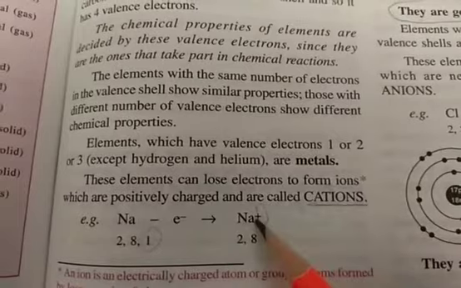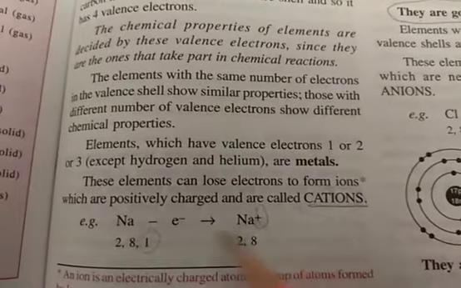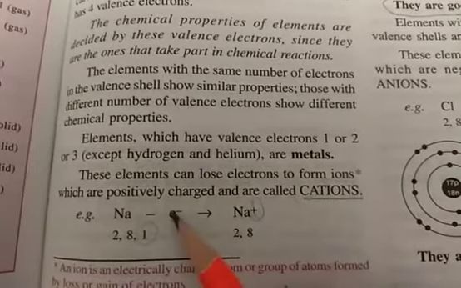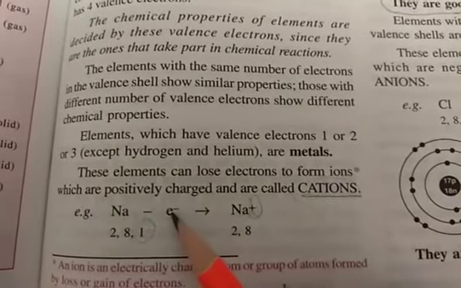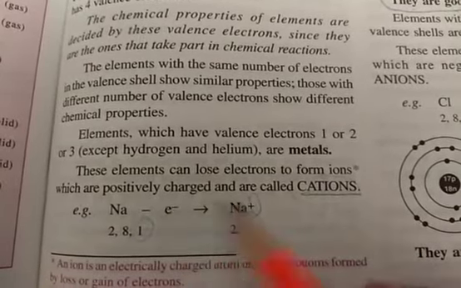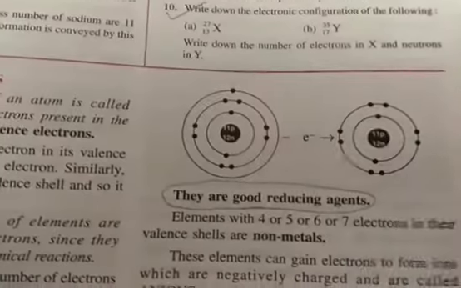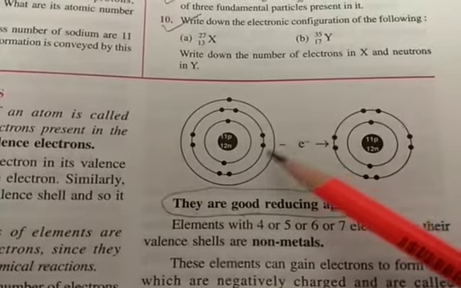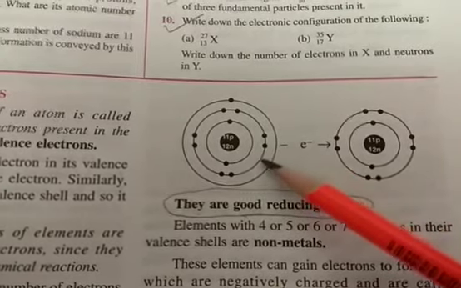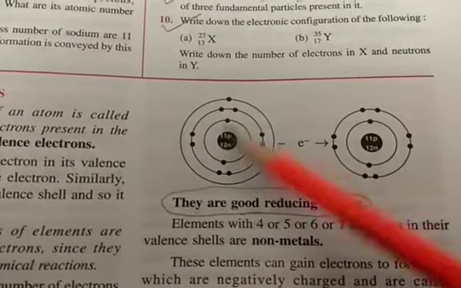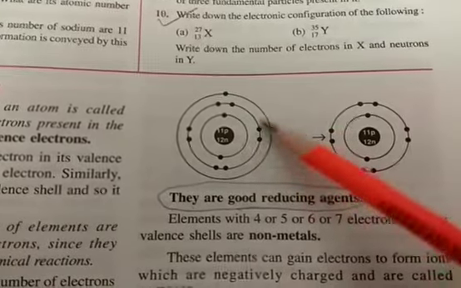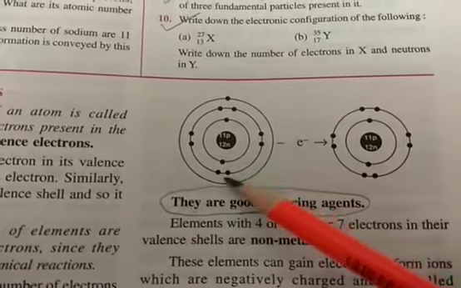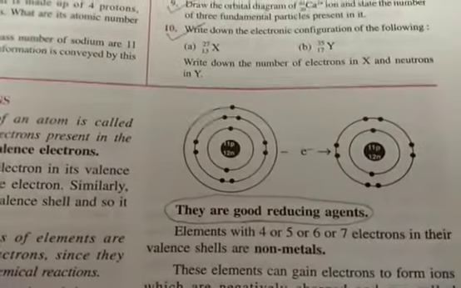And how is this positively charged species formed? When from an atom either one electron or more than one electrons are just ejected out. And this is the orbital diagram. You can see over here sodium: 2, then 1 2 3 4 5 6 7 8, means 2, 8, and 1 in the outermost shell.